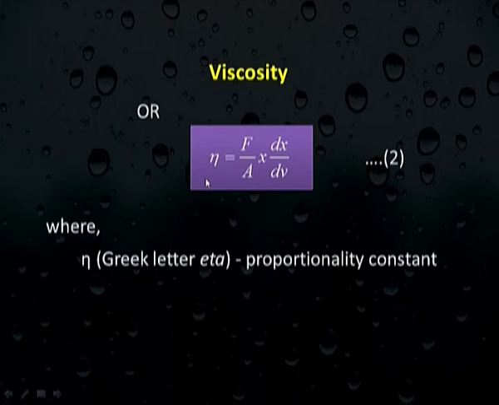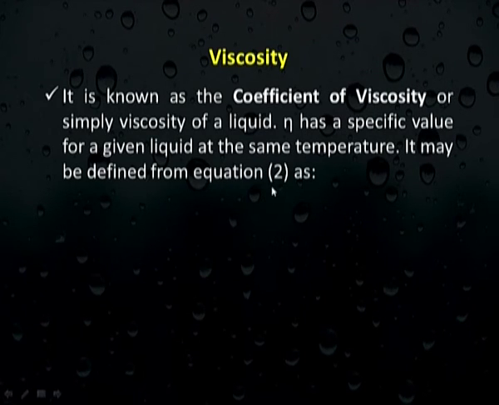Now, we can write this equation as eta is equal to F upon A multiplied by dx upon dV. This is simply the viscosity of a liquid, and it has a specific value for a given liquid. It is characteristic of that liquid at a particular temperature.